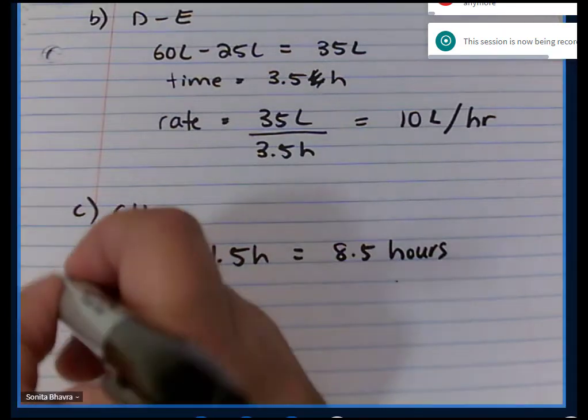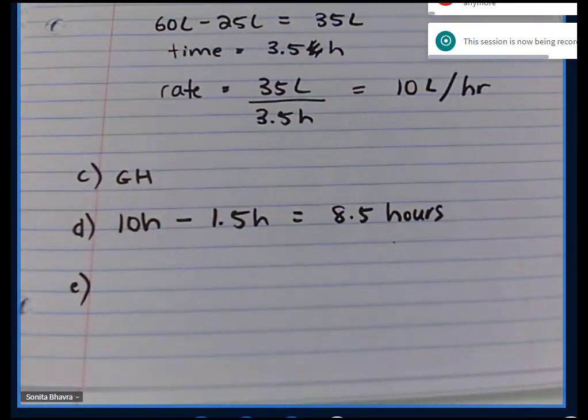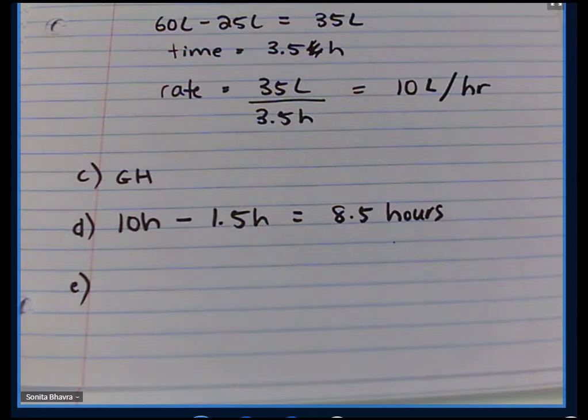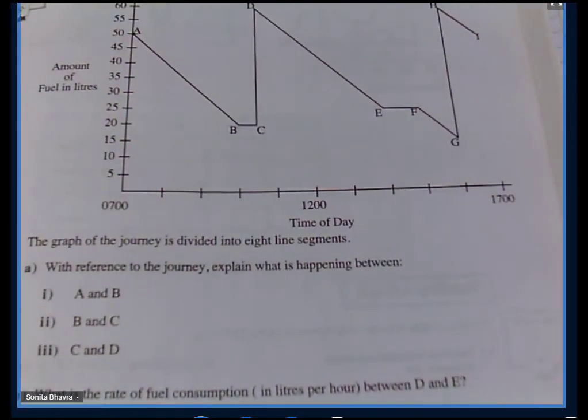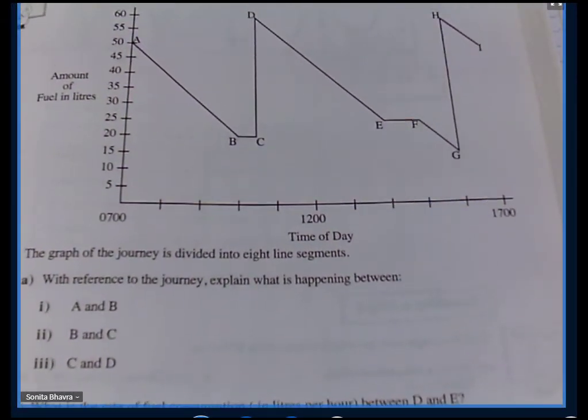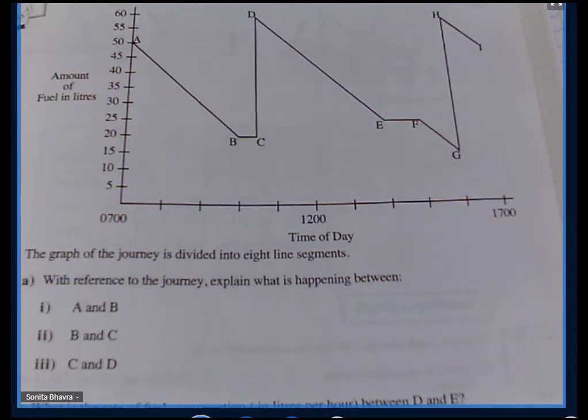All right, and our last question here is if fuel costs 85 cents per liter, calculate the cost of the fuel used for the first day of the journey. So looking at the journey on this first day, we know it's 85 cents per liter, and we're going to calculate the cost of the fuel for the first day.